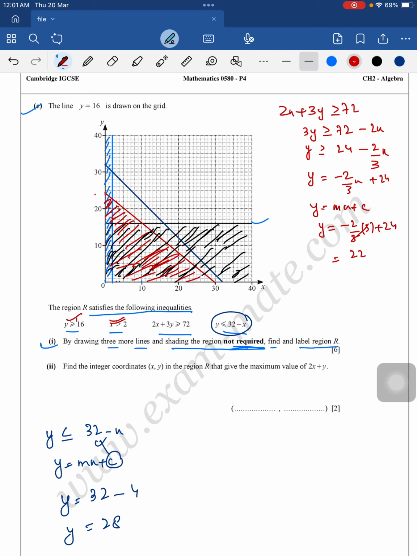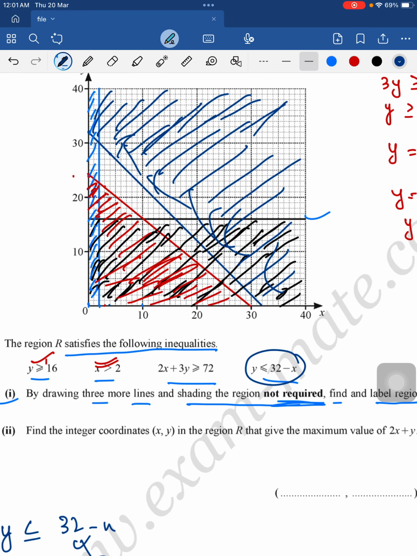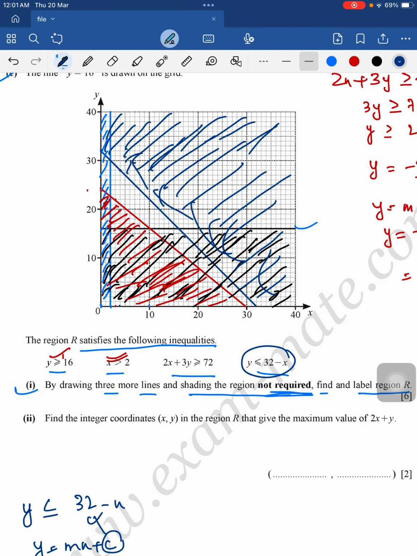So that is on the region below, so we should shade the region above. So the region which is left, which was the required region, is this region. Starting from this.